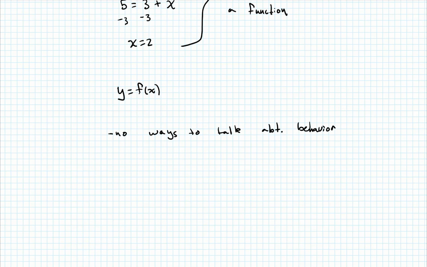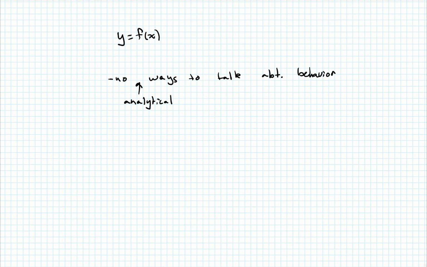There were ways that we could numerically find it. We could plug in points, but we needed ways to analyze the entire function. So I should correct that. I should say no analytical ways. Whenever I say analytical, all that's saying is that there was no way to just generically find these kinds of things about the function. So what had to happen is we had to introduce the idea of the limit.